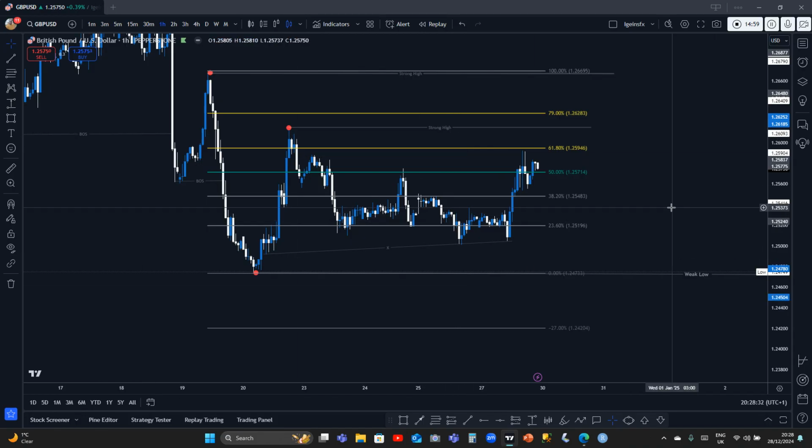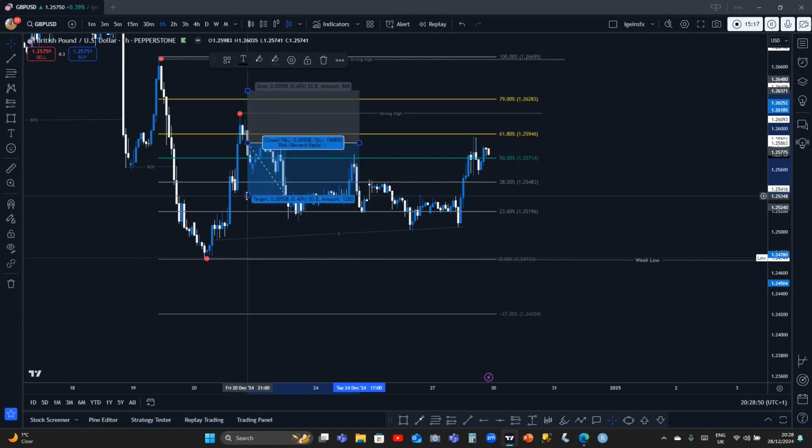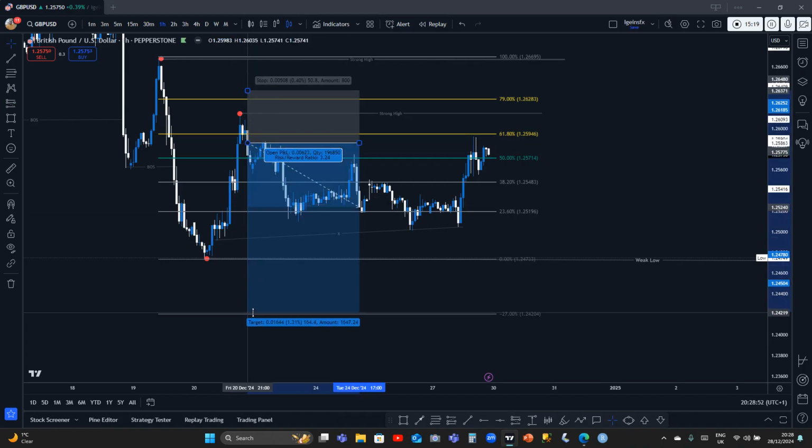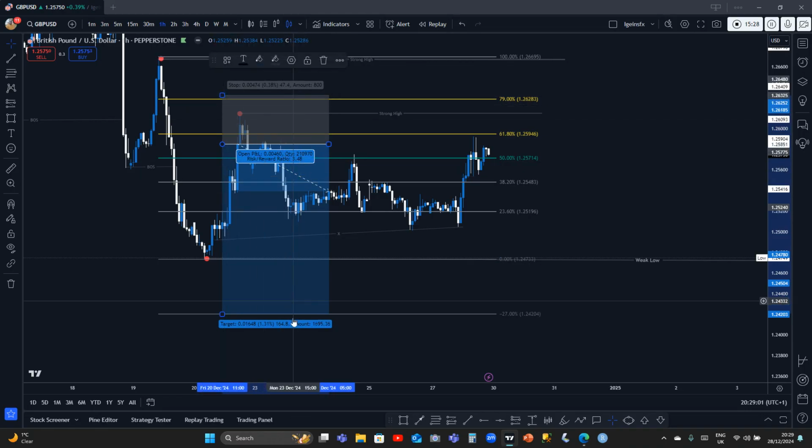We are bearish, and as I told you, I'm on this trade since last week. All right, I'm still on this trade since last week. So I actually entered from here, and I'm hoping to take my profit from here.